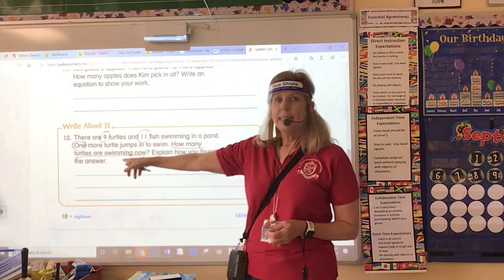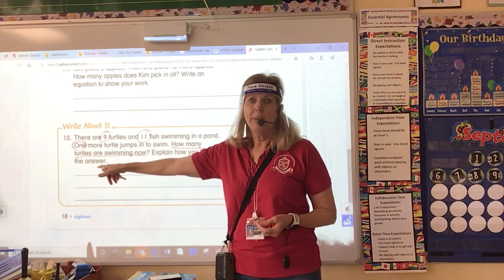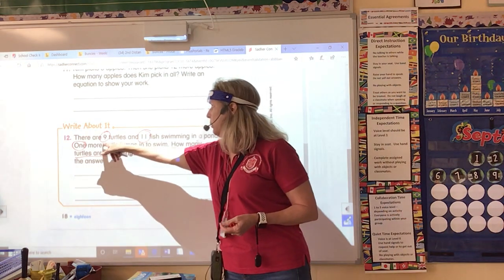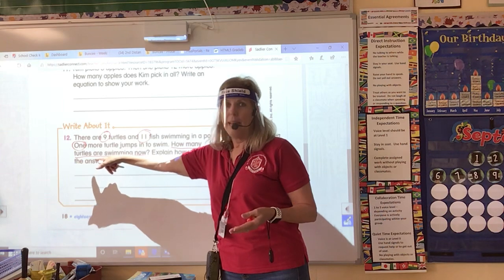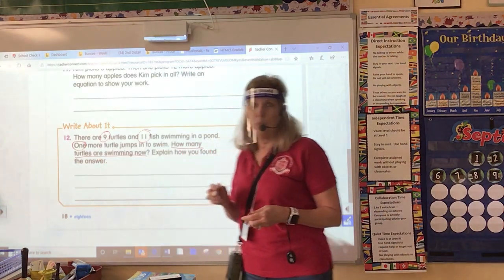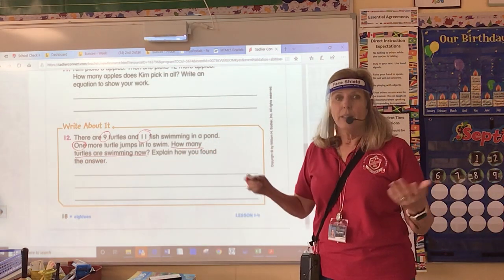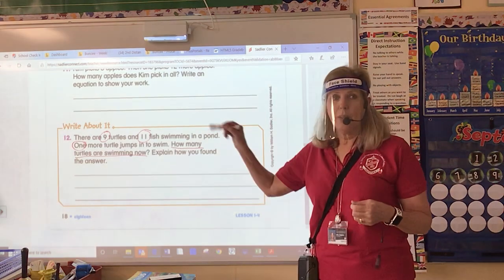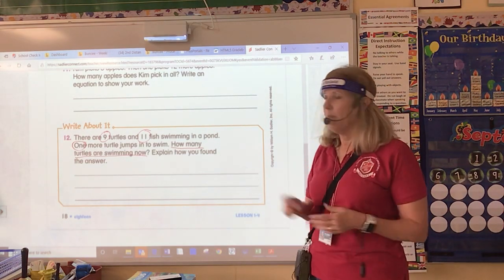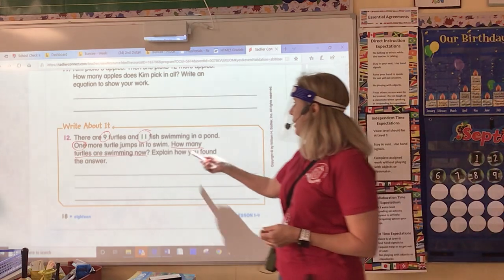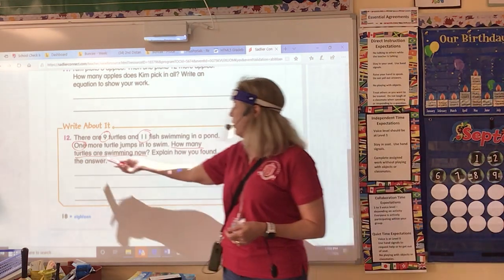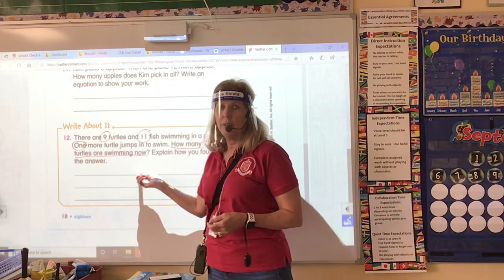So it's still a 1, it's just spelled out in word form instead of the actual digit, okay? So you still have to circle those because those are still part of the question. All right, so the question is, how many turtles are swimming now?